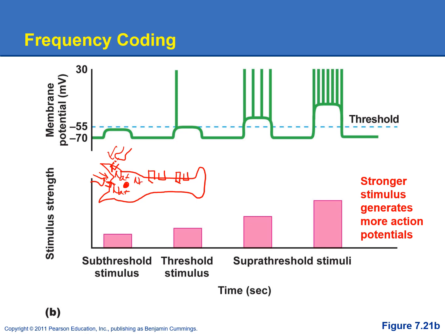If we keep stimulating those and keep generating graded potentials over and over again, maybe like with our punch here, then we can keep our axon hillock above threshold.